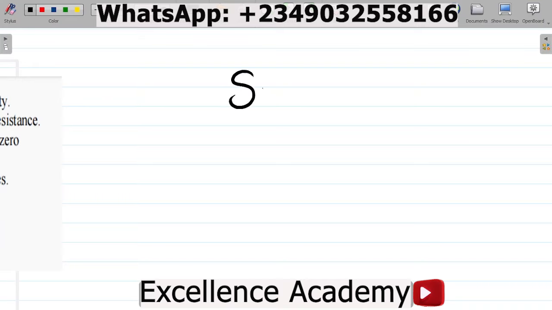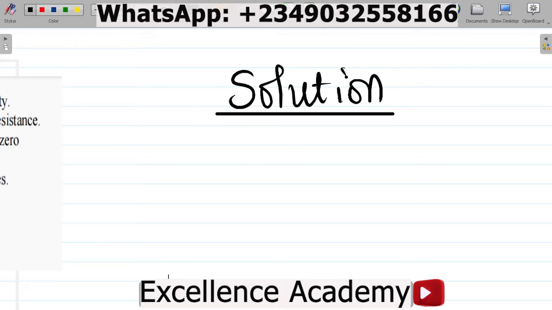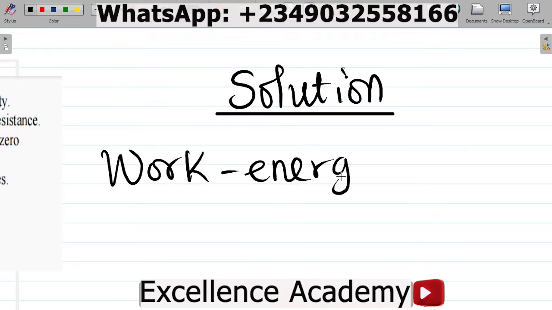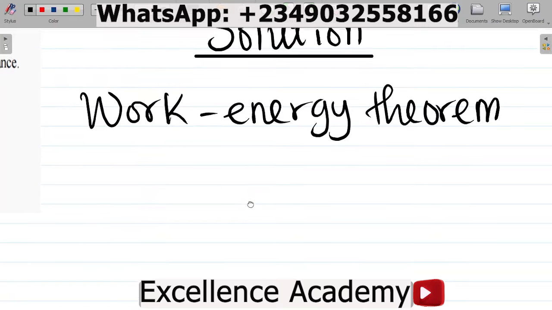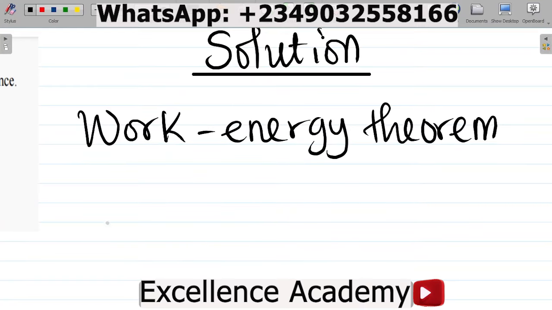Solution to this. Now, to solve this question, we need a theorem called the work energy theorem. In simple concept, the work energy theorem says that the net work done on an object is equal to the change in kinetic energy.